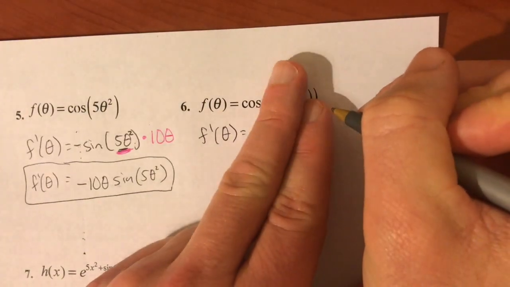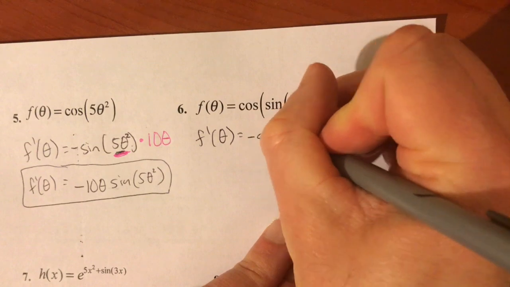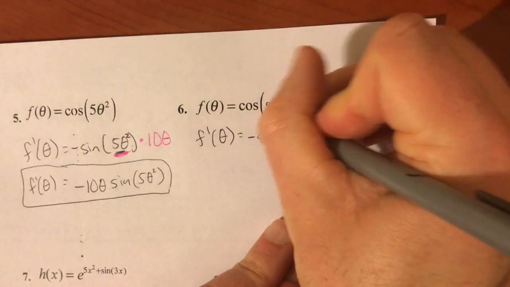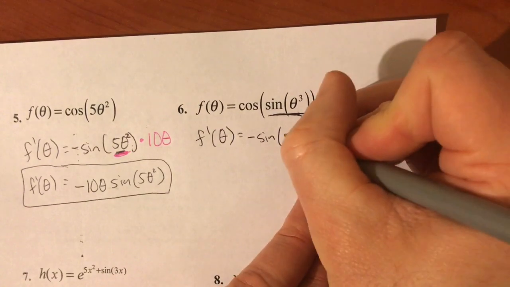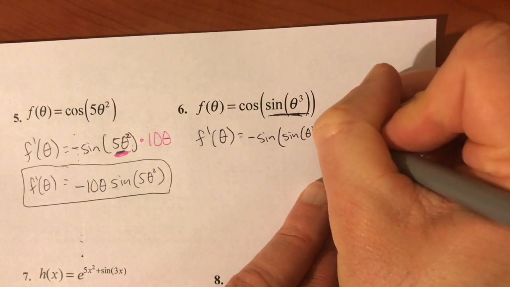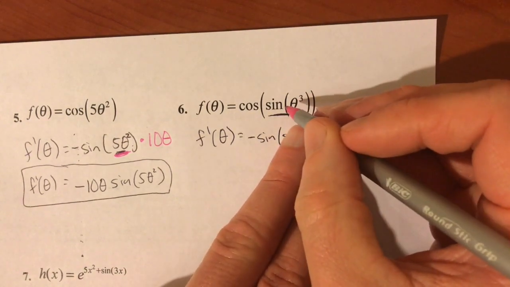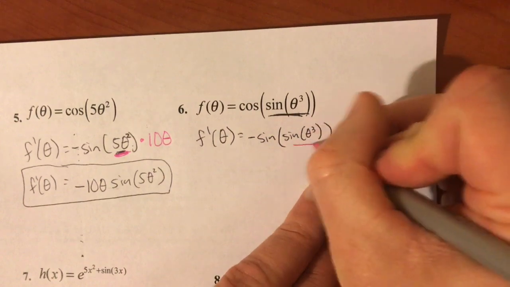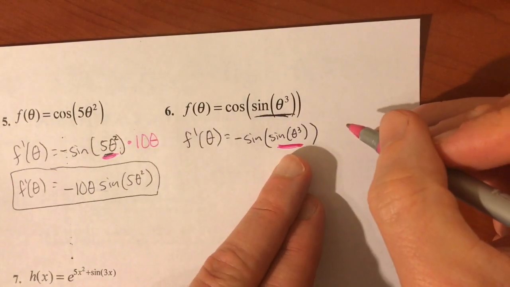What's the derivative of cosine of something? Negative sine of that something. And that something in this case, that was on the inside of cosine, is sine of theta cubed. Okay? And now, of course, times the derivative of that something. The derivative of that something, well, that something is sine of theta cubed.